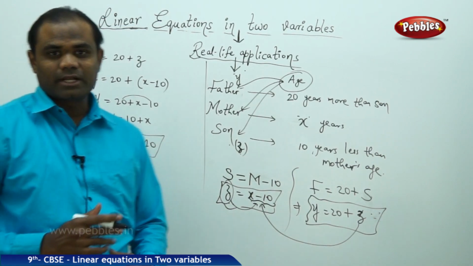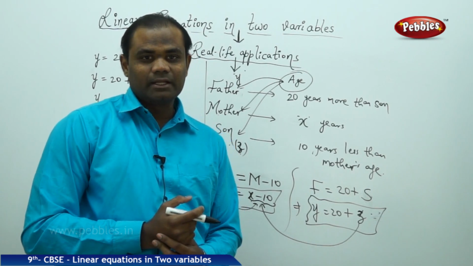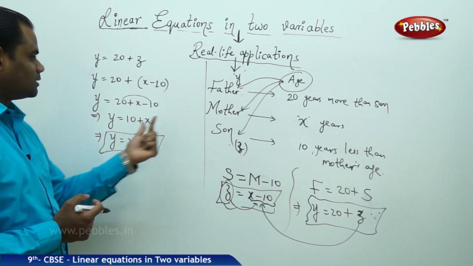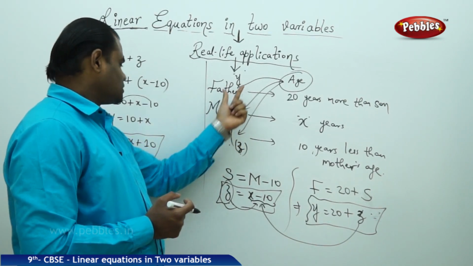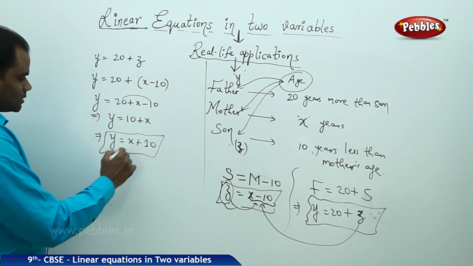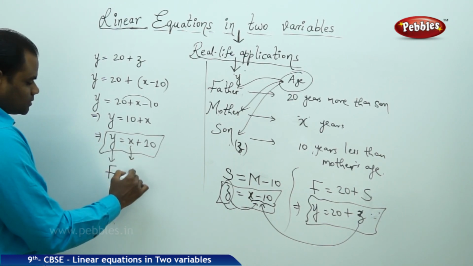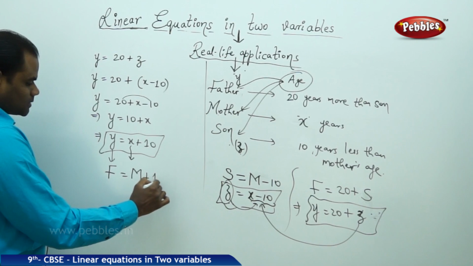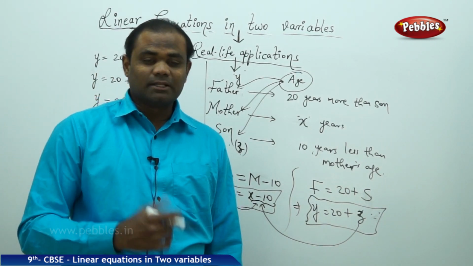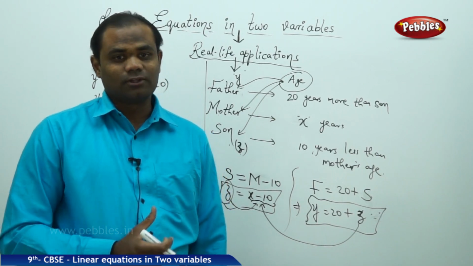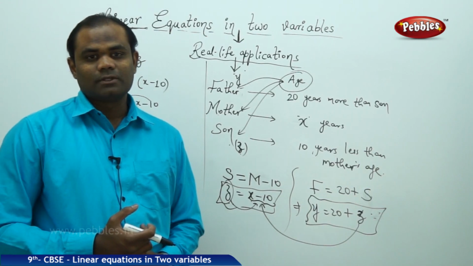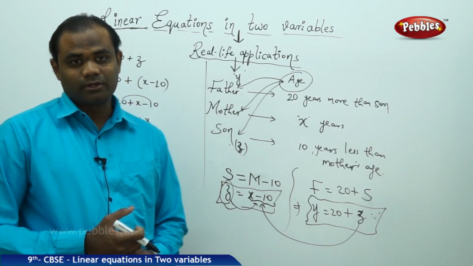So what do I understand from this? I clearly make a comparison between father's and mother's age, that the father's age, which is denoted by y, is connected with the mother's age, which is denoted by x, plus 10. So I can make a comparison here that the mother is 10 years younger than the father, or father is 10 years older than the mother, is how we connect through the linear equation.